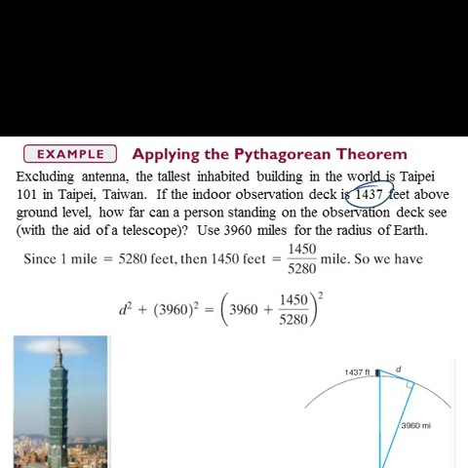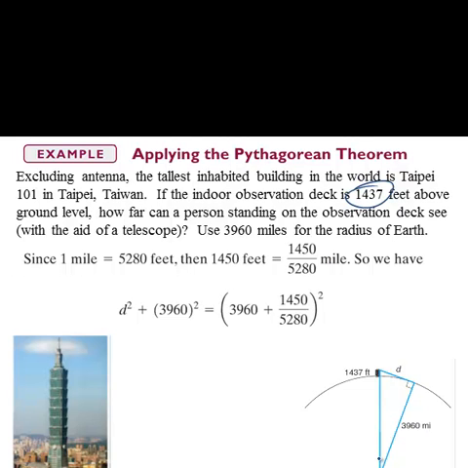Well, you can express either in feet or in miles. Now, let's just go ahead and round that to 1,450 feet for the height of the building. And then 1,450 over 5,280 will be the number of miles.